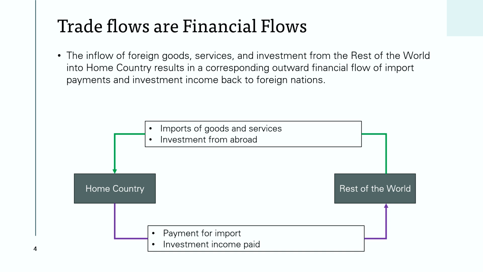As they receive interest, dividends, rent, or profits, income payments flow outward from the home country back to those foreign investors. Again, we see that trade flows and financial flows are inseparable. Whenever goods, services, or investment assets cross borders, money moves in the opposite direction.